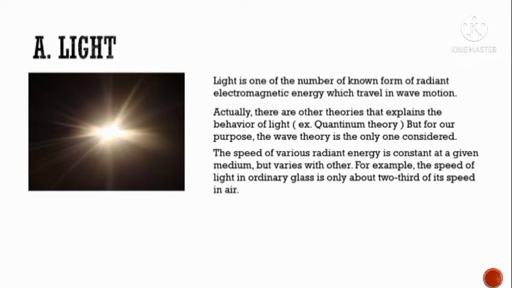For example, the speed of light in ordinary glass is only about 2/3 of its speed in air. Ordinary glass, for instance, has an index of about 1.5, so light moves through it at about 200,000 kilometers per second. On the other hand, light in air is 1.003 times faster than light in ordinary glass. So the speed of light in air is about 300,000 km per second.